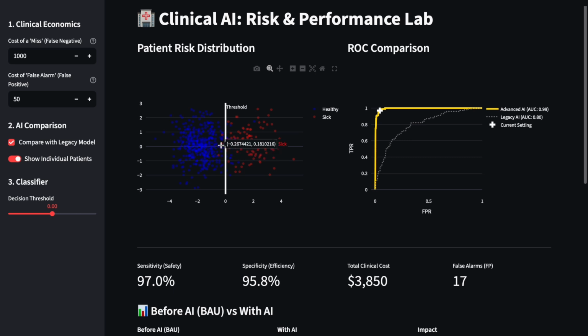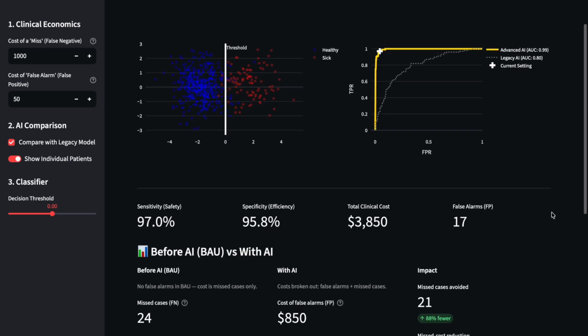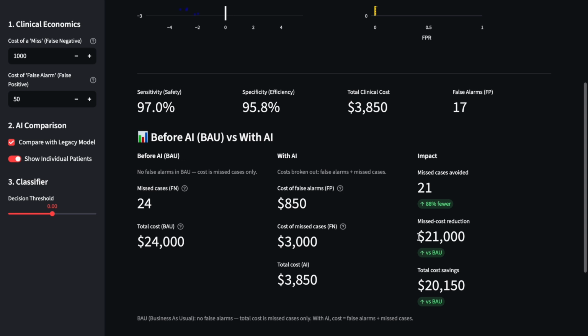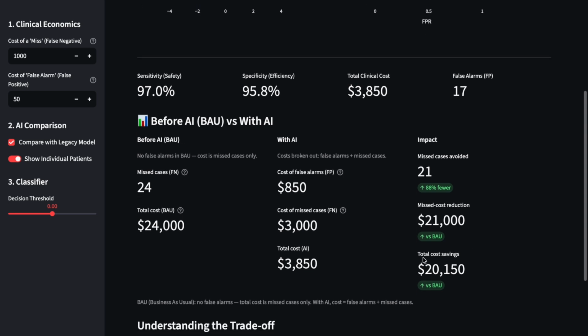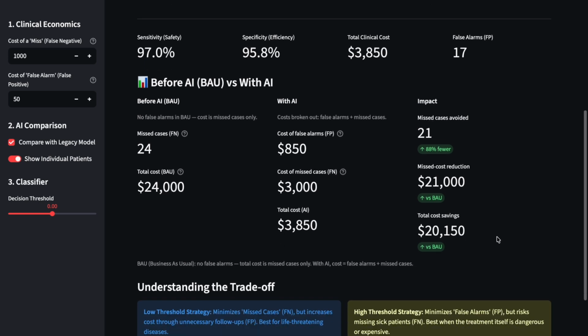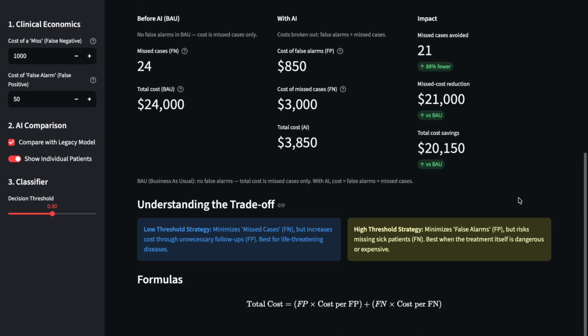So these are the 3 cases that we missed, and in blue are the false alarms, 17 of them, so we avoided 21 cases. This is significant. Because of this, we saved 21,000 euros, minus the cost of false alarms. So for this specific case, we saved the hospital $20,000. This is a pretty good result.